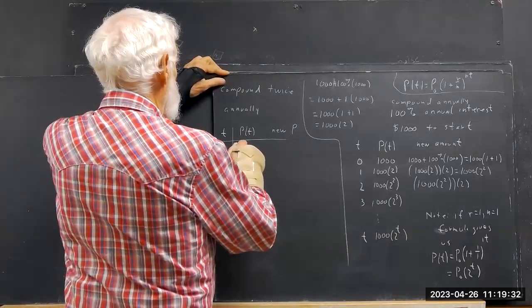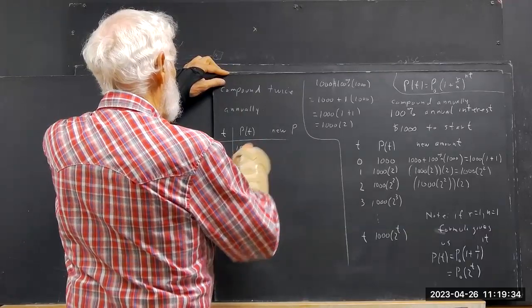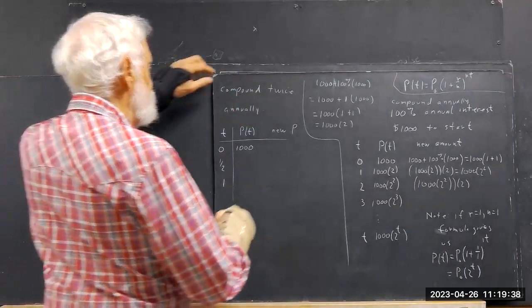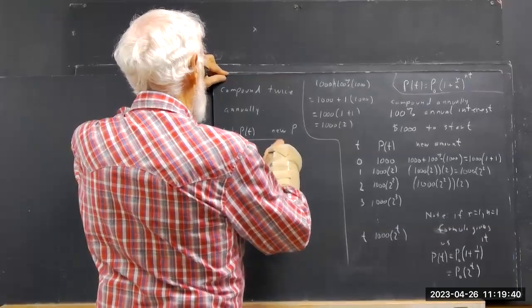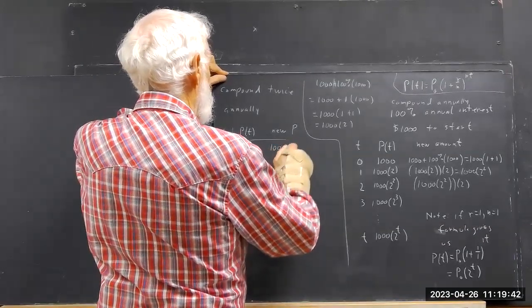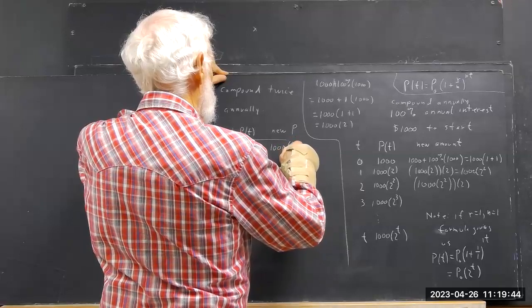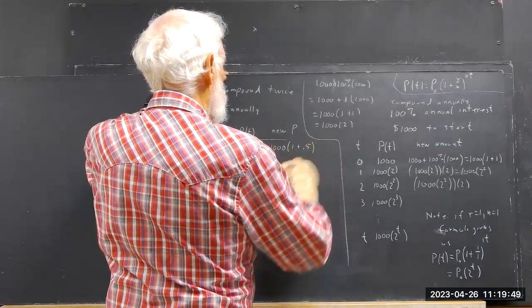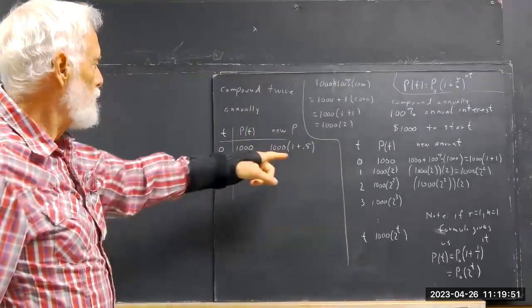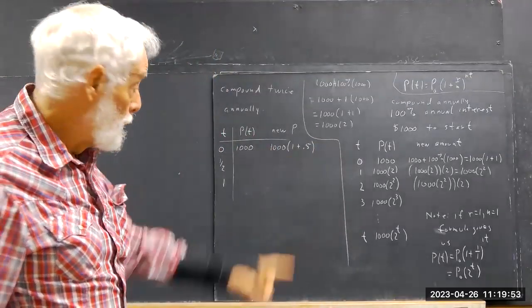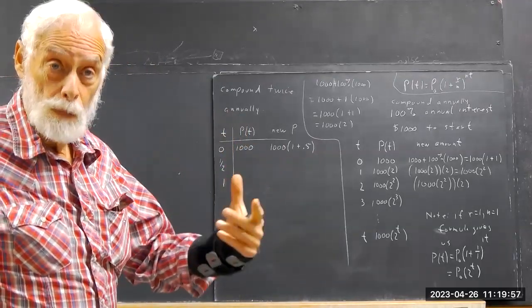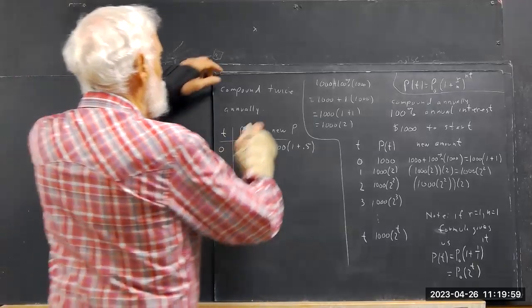Okay, so P of T is 1,000. Then the new P is going to be 1,000 times 1 plus 0.5. Now, why 0.5? Because we're adding 50% twice a year.